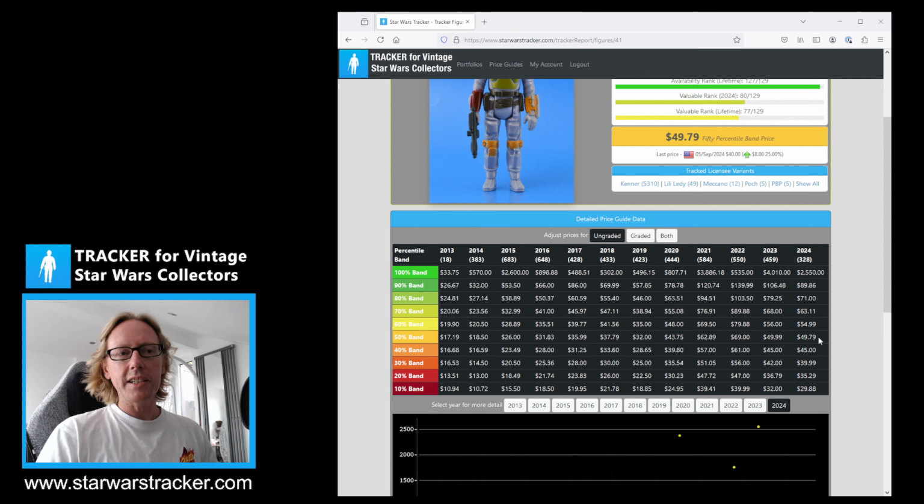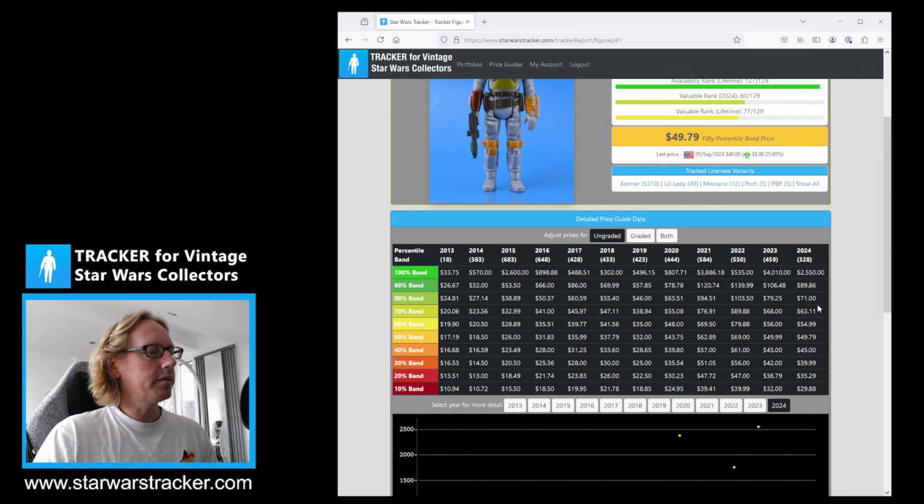So to me, that says that this is a good ballpark number for a Boba Fett figure. It could be more, it could be less, but if you just want something around average condition, if you weren't after some really mint example but didn't want a beta figure, if you budgeted for about $50, then you should be able to get something quite reasonable.